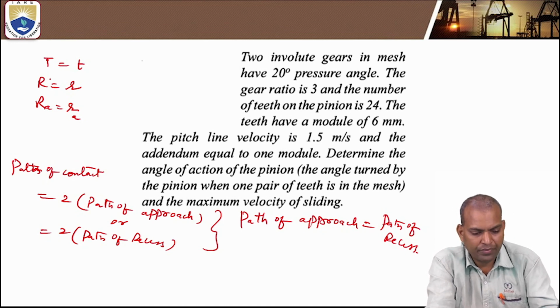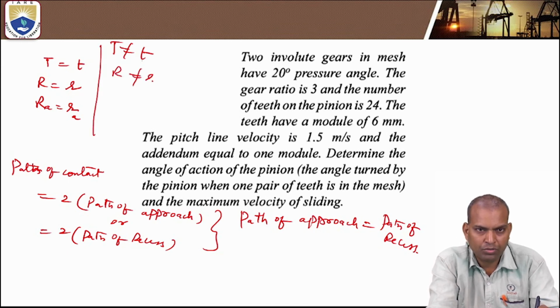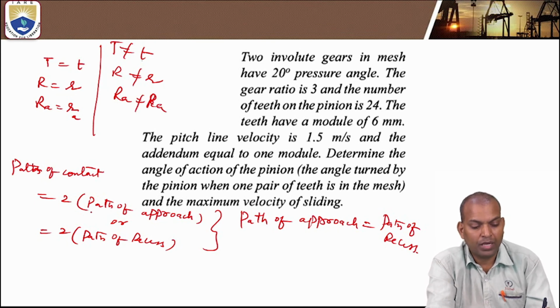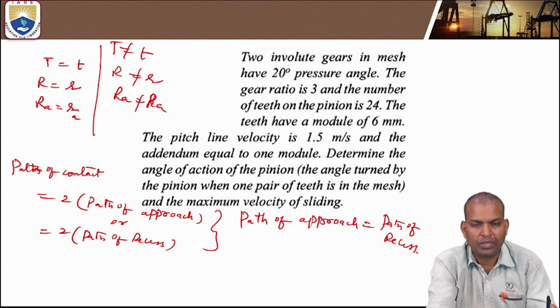But if it is not equal, when the teeth are not equal, then what will happen? Capital R equals small r, but capital RA is not equal to small ra. At that time, the path of contact equals the path of approach plus the path of recess.